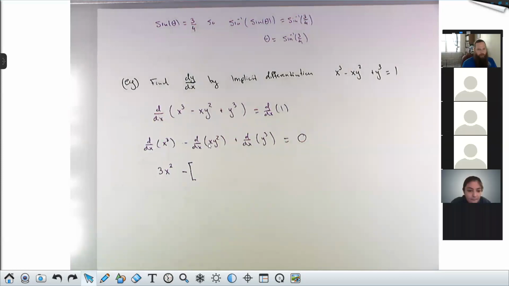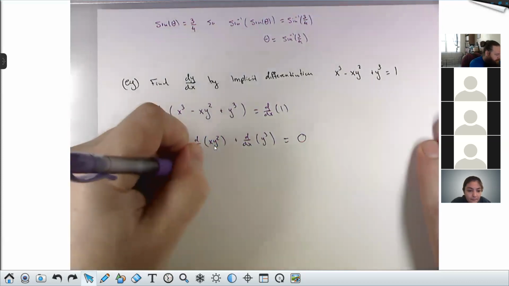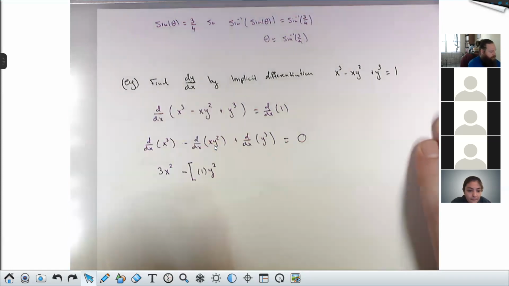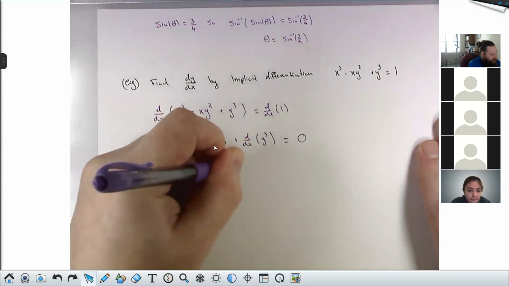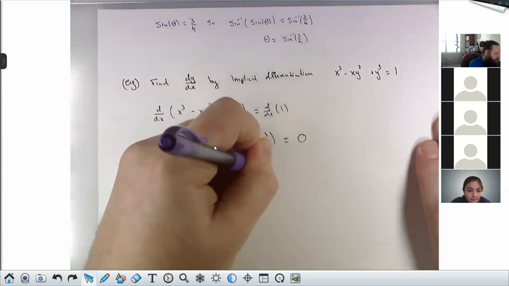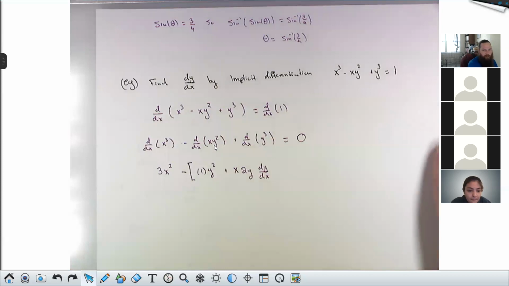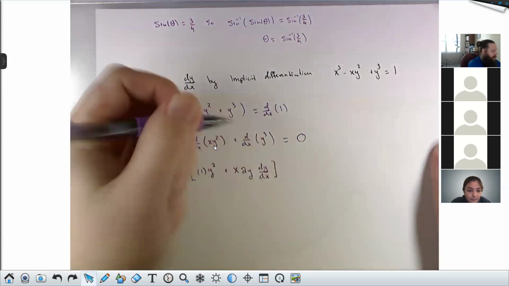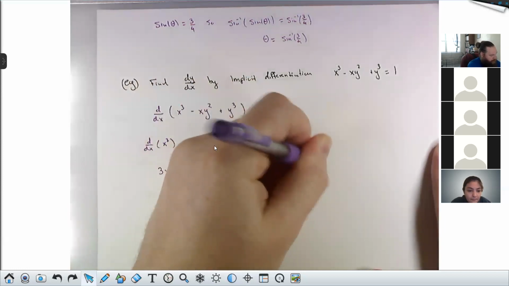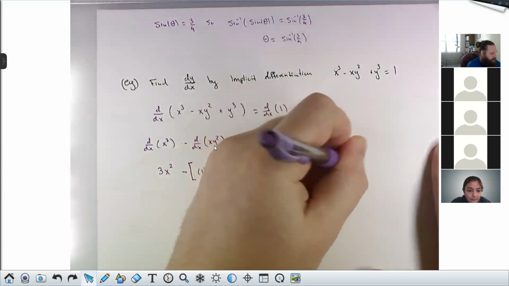I differentiate the x and leave the y squared alone, so the derivative of x is 1 times y squared, plus leave x alone and take the derivative of y squared, which is 2y times dy dx, or 2y times y prime. And then plus d dx of y cubed, which is 3y squared times y prime, or 3y squared times dy dx. My right-hand side is still 0.